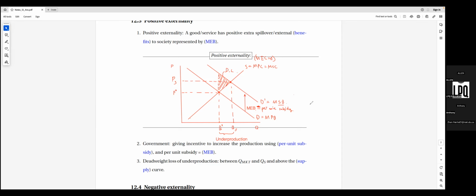And you need to make sure the per unit subsidy is equal to the amount of the MEB. The per unit subsidy must be equal to the MEB in this one. This is everything you need for a positive externality model.